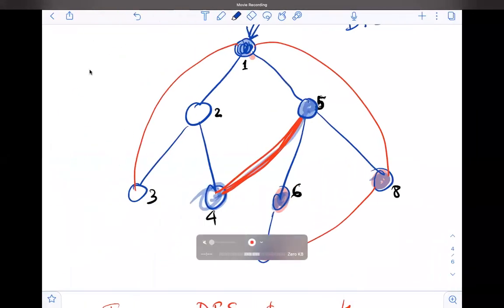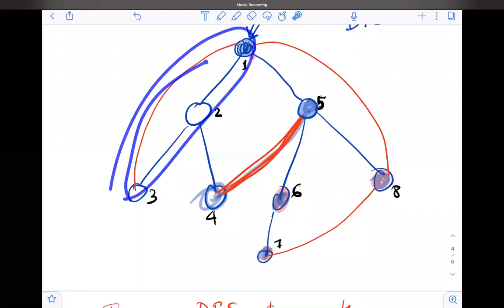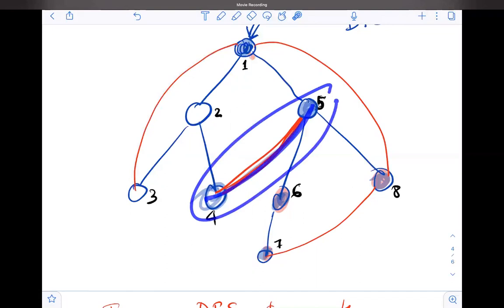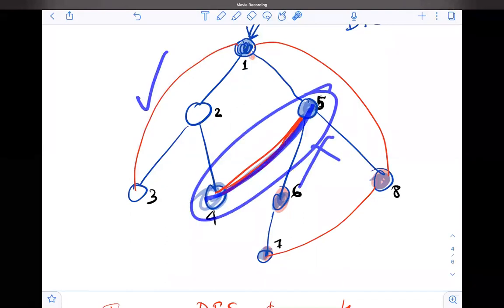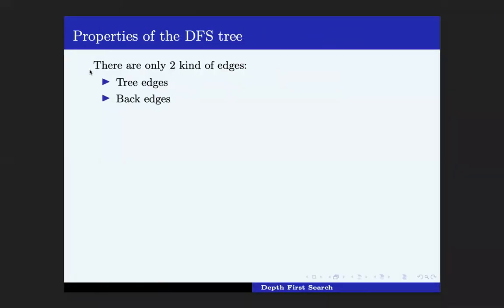The edge that goes back to its ancestor is a back edge. But an edge across, a cross edge, is not possible, while a back edge is possible. So there are only two kinds of edges, a tree edge and a back edge.